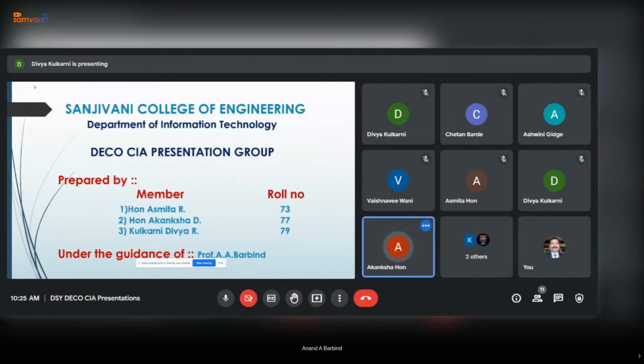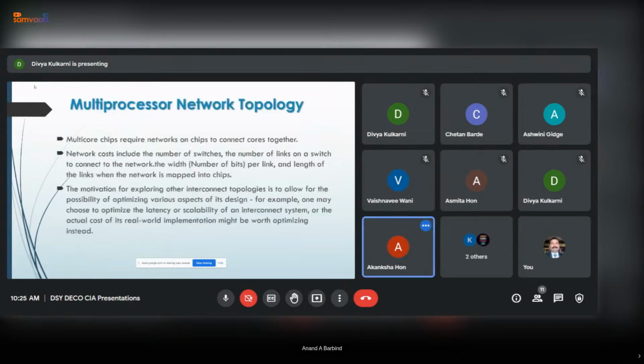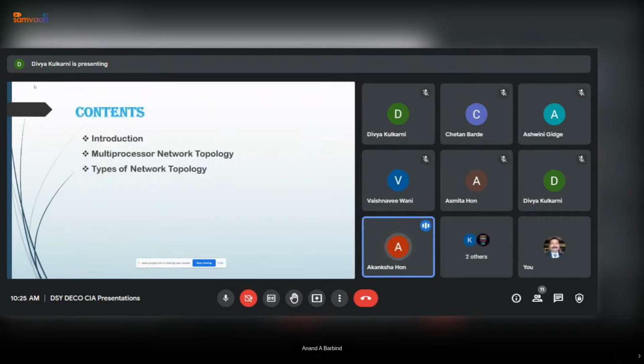Good morning, sir. We are presenting on multiprocessor network topology. Here are the contents. First is the introduction to multiprocessor network topology.